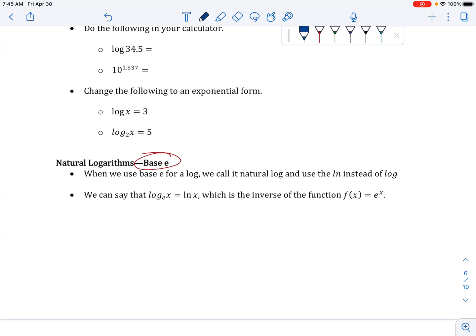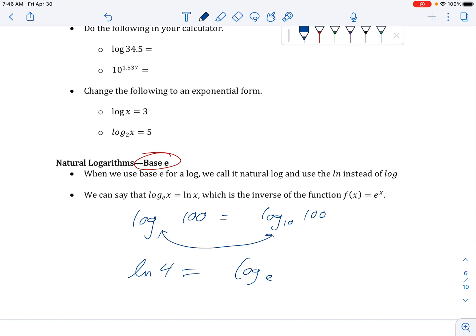Just like log with no number, of 100, really means log base 10 of 100, right? That's what it means. If there is no number, it means 10. If I see ln, not a log, but it looks kind of like a log, ln, that means log base e.